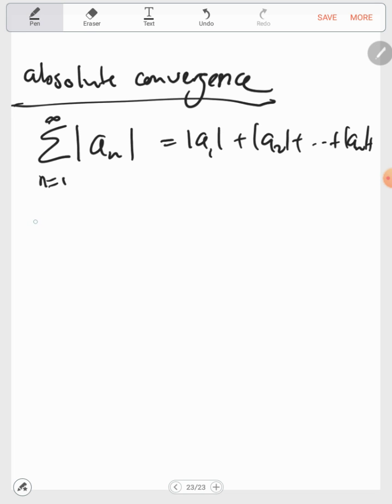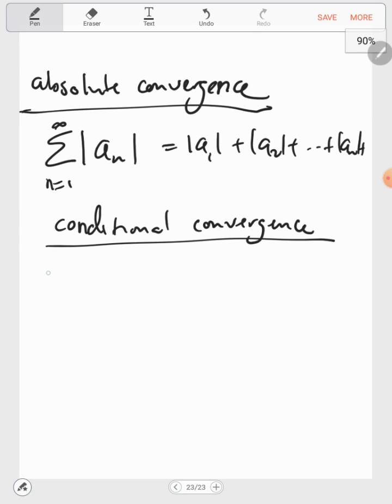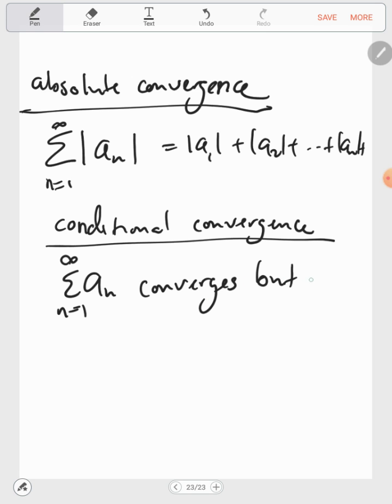And we also have conditional convergence. Conditional convergence is a case when the sum of an converges, but the absolute value doesn't converge.